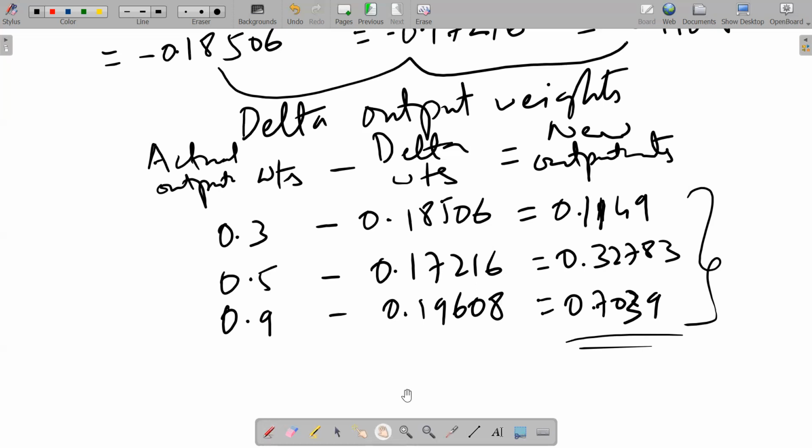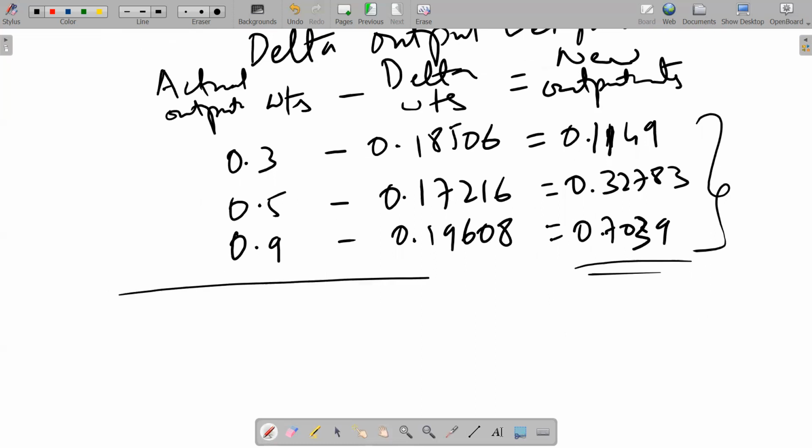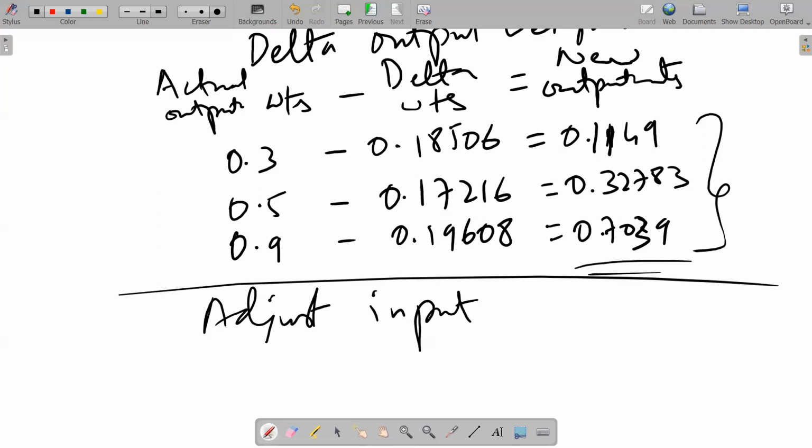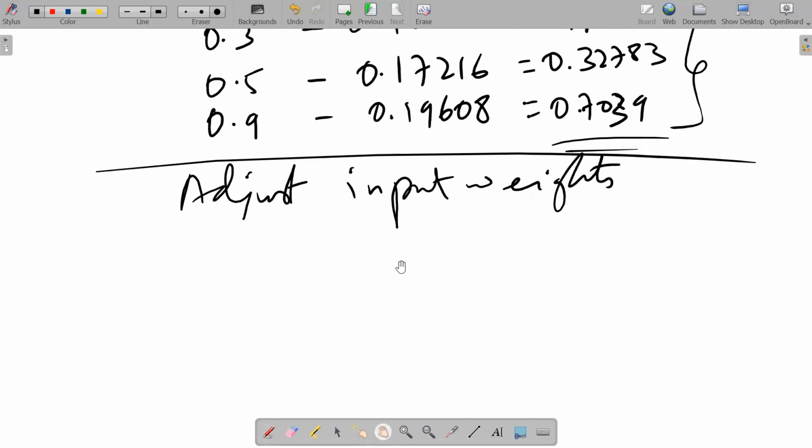Now, we have adjusted the output weights. Now we have to adjust the input weights. Again, we'll start the process.